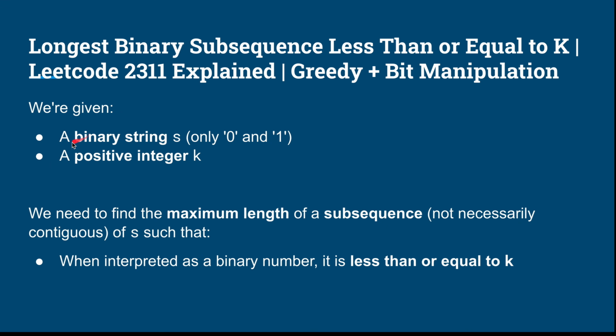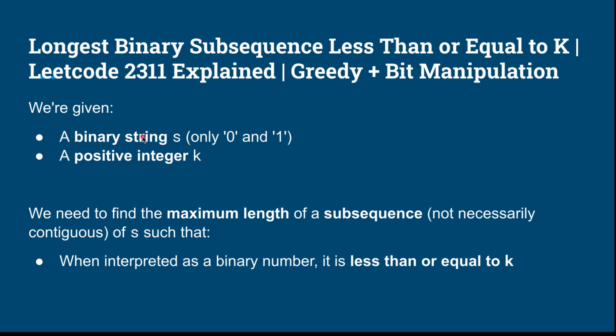We are given two things. The first is the binary string s, with only 0s and 1s, and the second is the positive integer k.